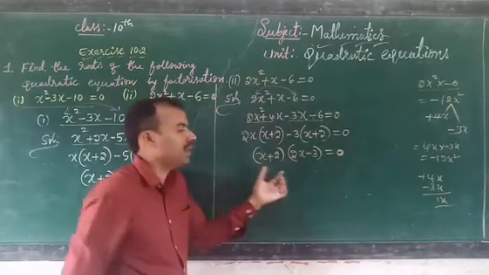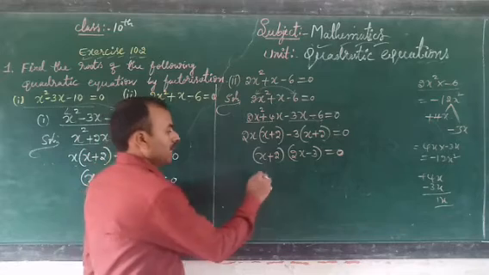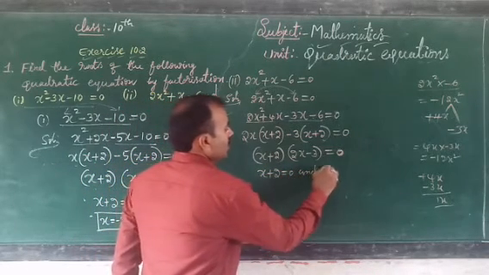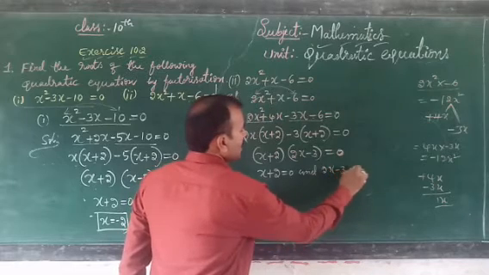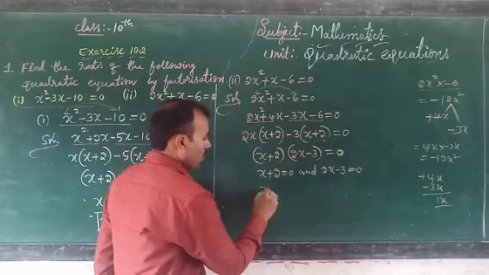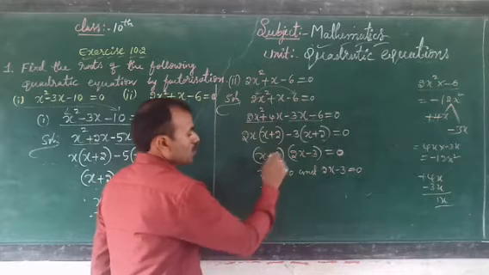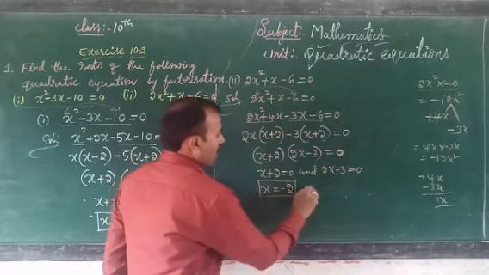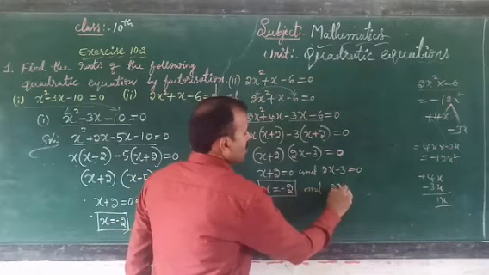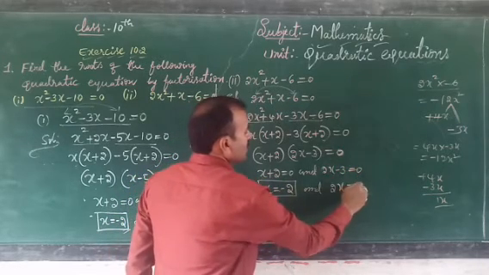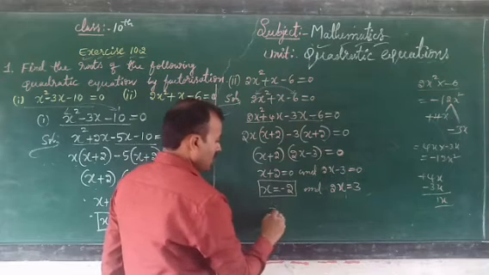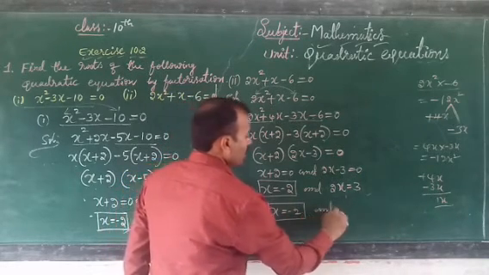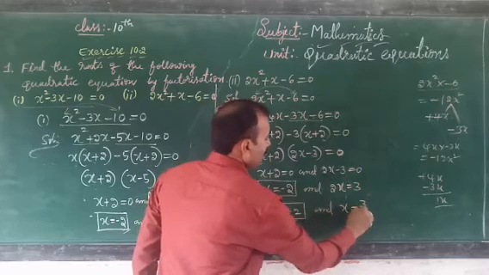Each binomial equals 0. x plus 2 equals 0 and 2x minus 3 equals 0. x equals, transpose plus 2 to the RHS, it is minus 2, and 2x minus 3 becomes plus 3. x equals minus 2, and here 2x equals 3.